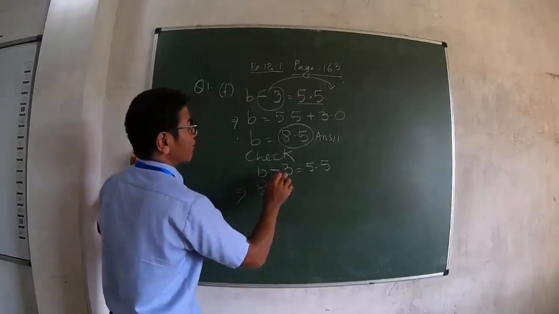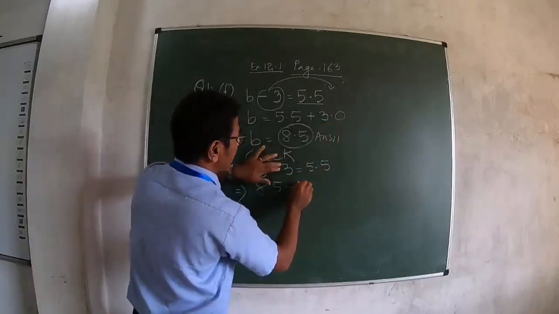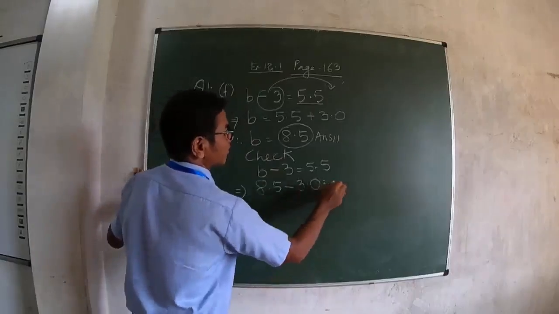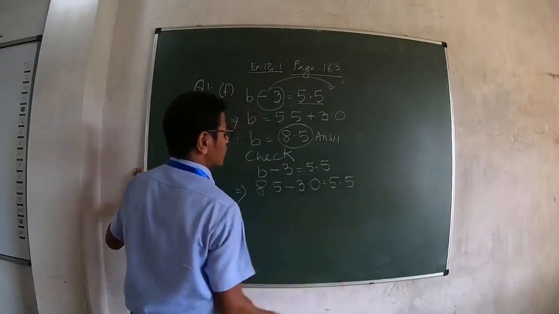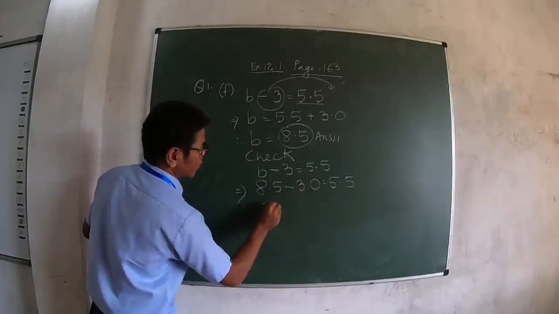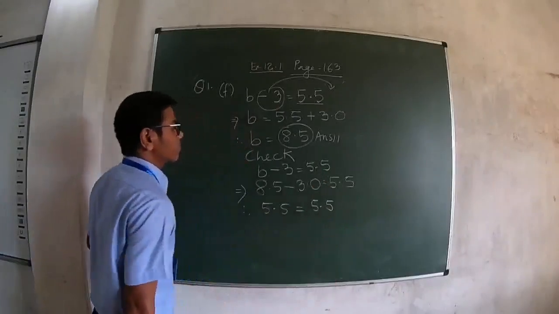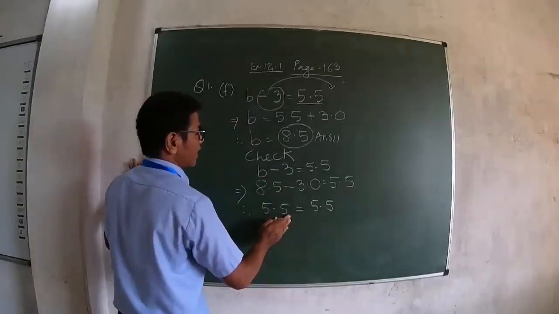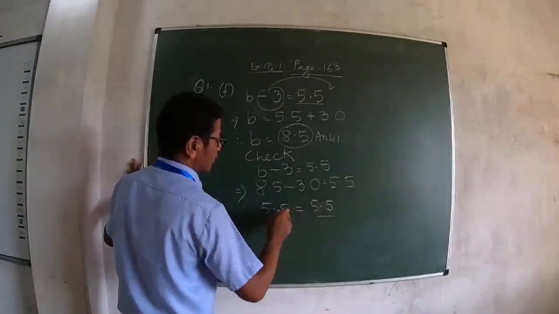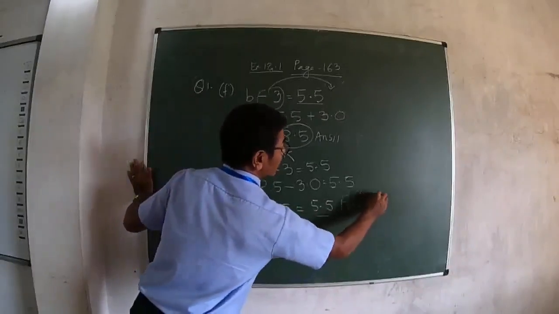Minus, I have already told you, 3 means 3.0. 3 is a whole number, so you can insert a decimal to make your subtraction easy. So, 8.5 minus 3 is 5.5 equals to 5.5. Now what we see, the left hand side, the front side, is equal to the right, which is proved. That means our answer is correct.